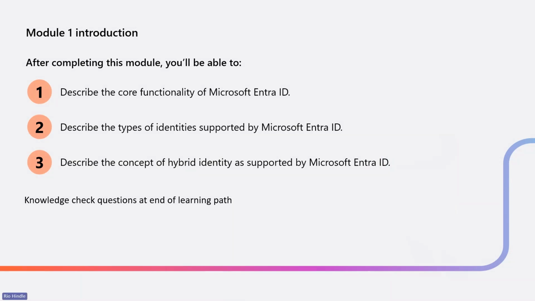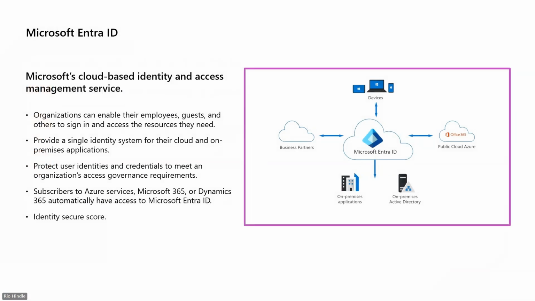So module 1, intro, describe the core functionality of Microsoft Entra ID, types of identity supported, and the concept of a hybrid identity. Microsoft Entra ID, formerly Azure Active Directory, is a Microsoft cloud-based identity and access management service.